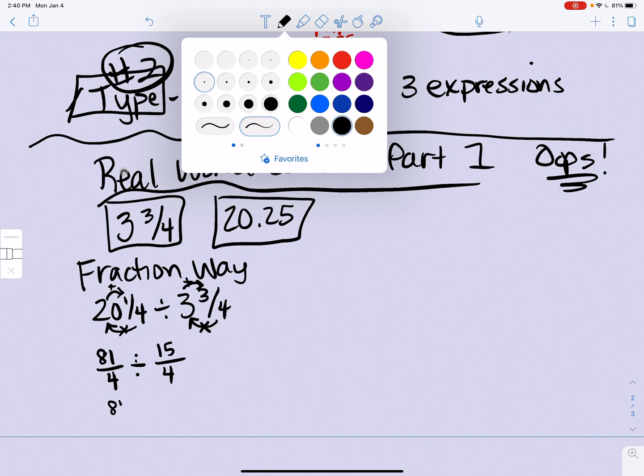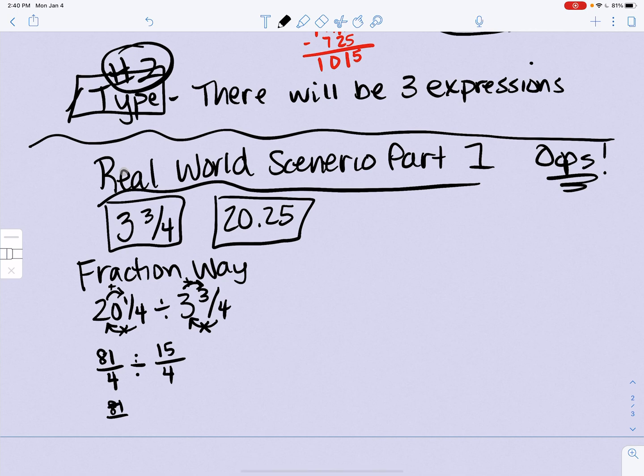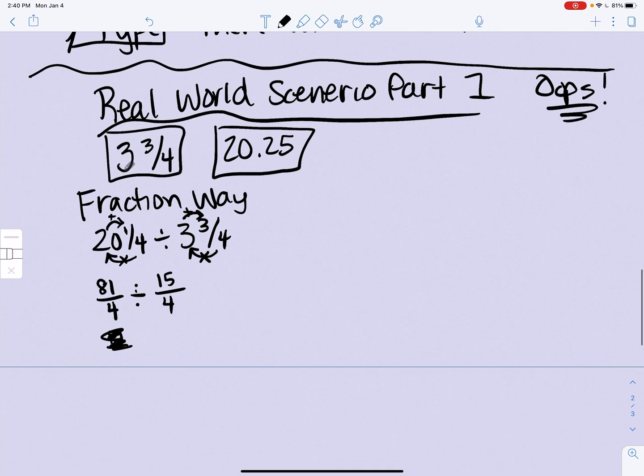So 81/4. Okay, I gotta scroll down. 81/4 times 4/15. What I love about this is I can cancel that because that's the same. And you end up with 81/15. Do we like that? No. We need to make it a mixed number. So how many 15s are in 81?